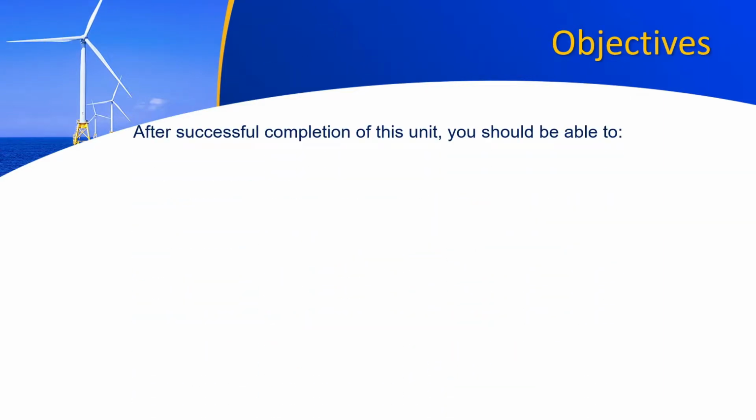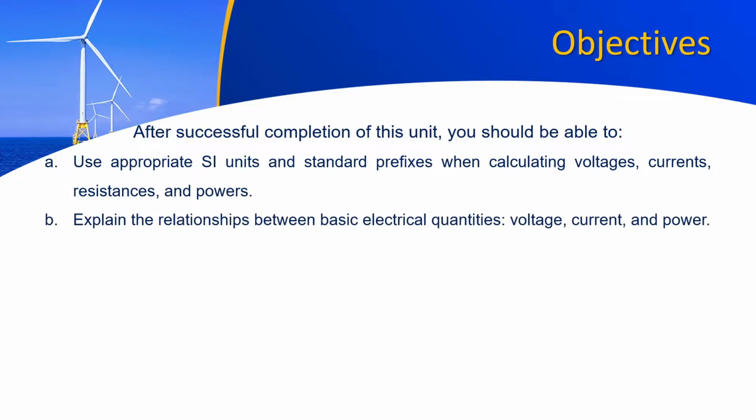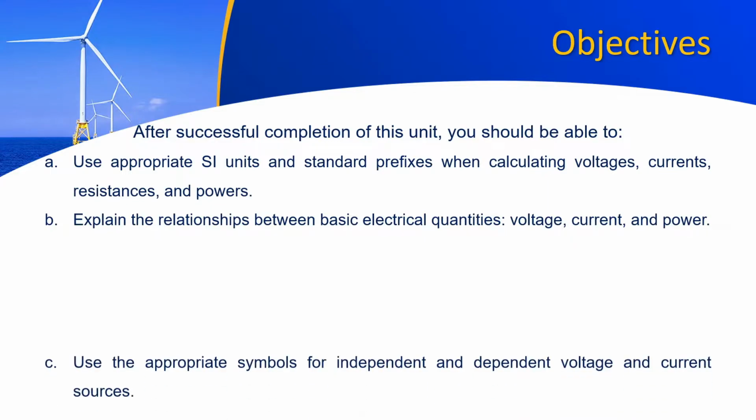after successful completion of this unit, you should be able to use appropriate SI units and standard prefixes when calculating voltages, currents, resistances, and powers. Explain the relationships between basic electrical quantities, voltage, current, and power.